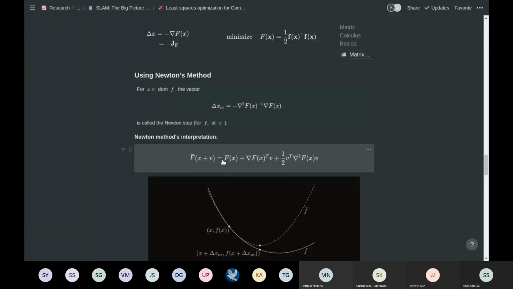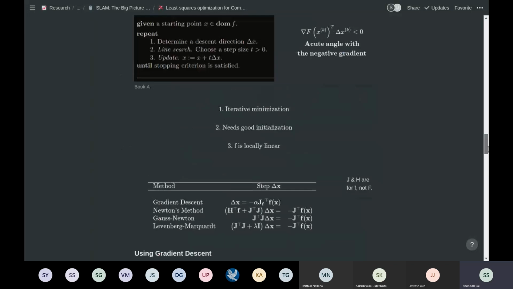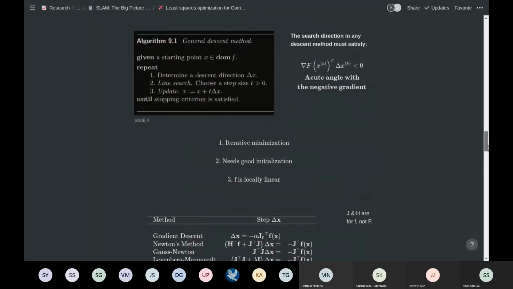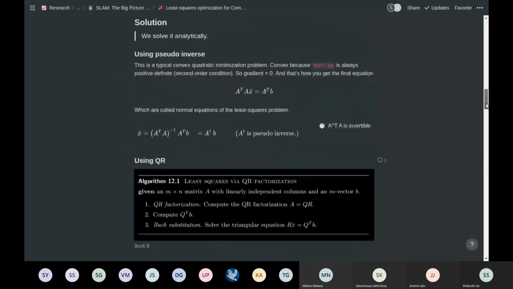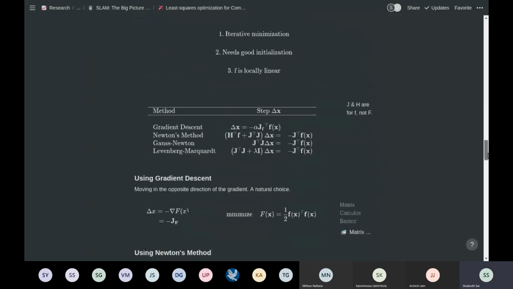And the knowns, because you know the point where you are, x naught, and you know the function, you can substitute f of x, and this will be a constant. Gradient of f of x will be another constant times v, which is your variable, and this will be essentially the same as your previous linear equation, locally speaking.